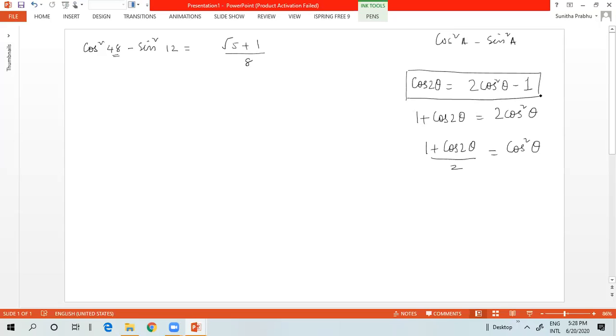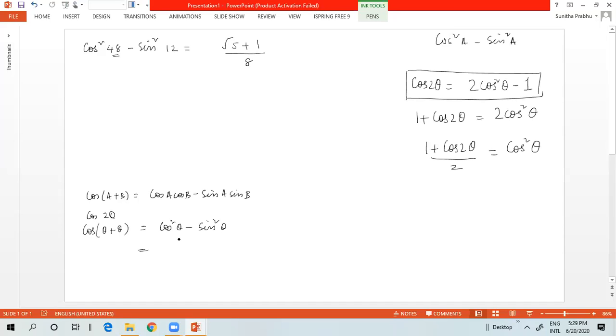Wherever this 2 theta comes, we are writing it as cos of theta plus theta, and in the background we have one formula in our minds: cos of A plus B is cos A cos B minus sine A sine B. When you say 2 theta, it is theta plus theta, so we are using that formula. Cos 2 theta is cos square theta minus sine square theta.